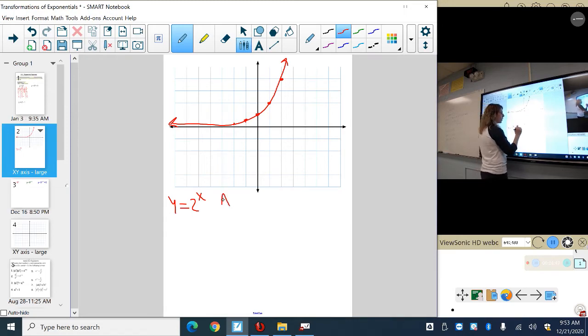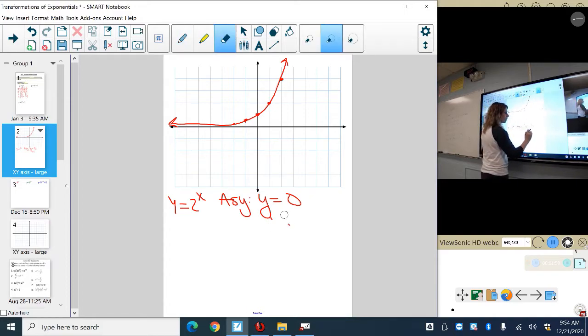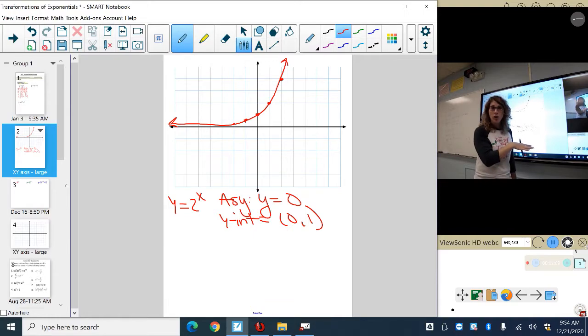You are going to have an asymptote. The asymptote is going to be the horizontal axis, which is the x-axis, which is y equals 0. And then you're going to have a y-intercept of 0, 1. That is the standard exponential graph, okay?